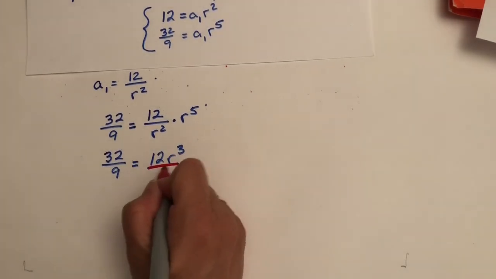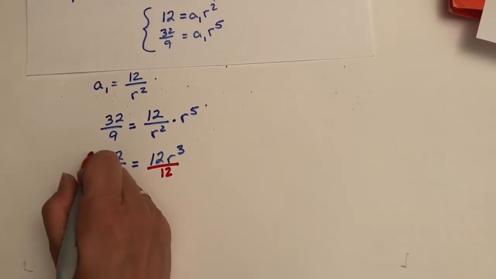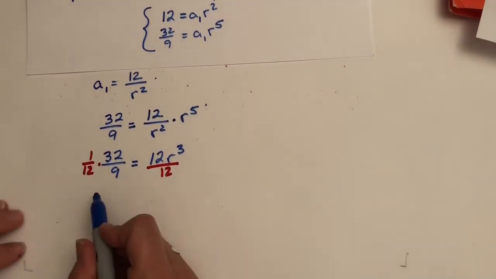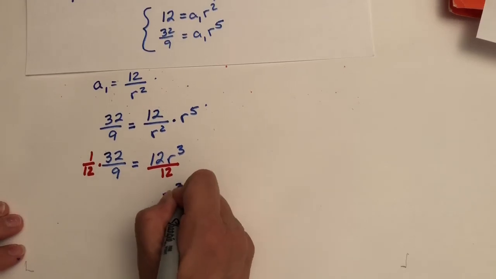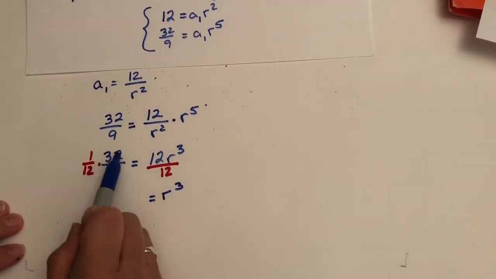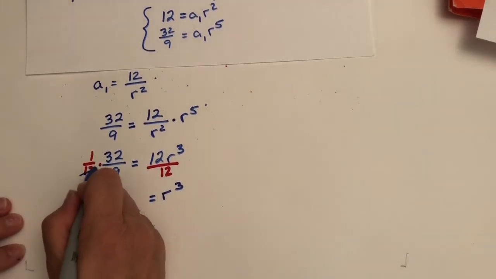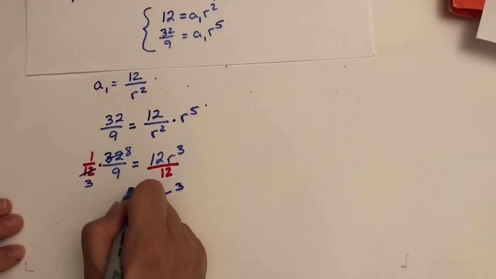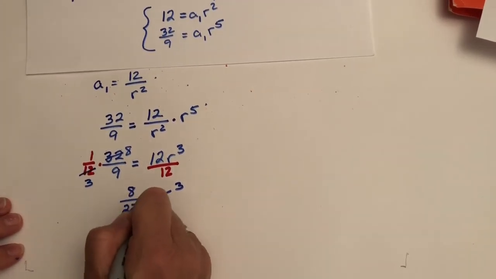Dividing by 12 is equivalent to multiplying by 1/12. And I'm doing it this way so I can do some canceling on the left-hand side a little bit easier. My 12 and my 32 have a common factor of 4. So I have 8 over 27 on the left side.